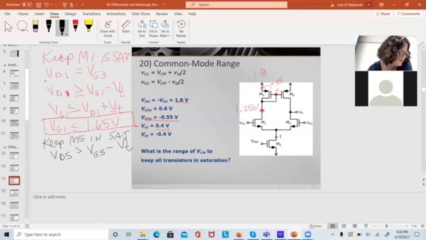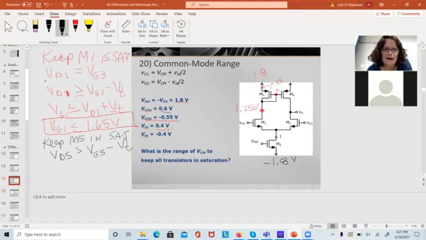Thank goodness I drew a picture. I doodled on a schematic because I couldn't figure this out this morning either. This is minus 1.8 volts.